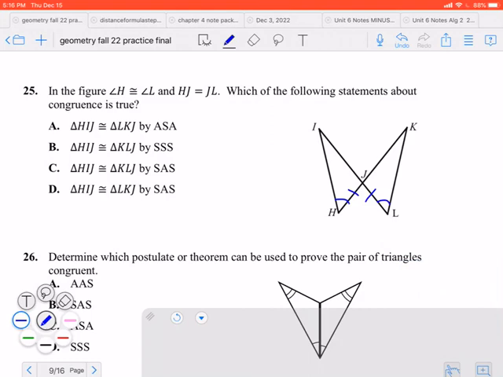They're saying the left triangle is congruent to the right triangle, and then listing one of our congruence statements: angle, side, side; side, side, angle; side, angle, side. The last two are both side, angle, side, but the order of the letters is different.